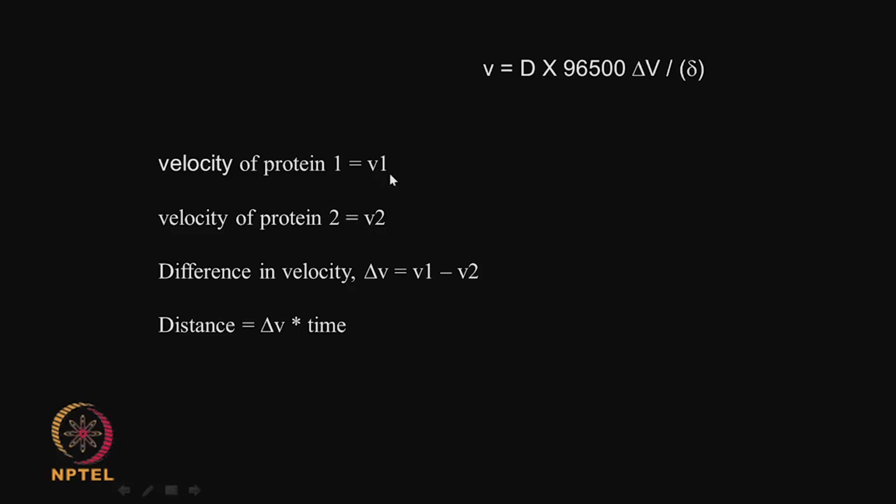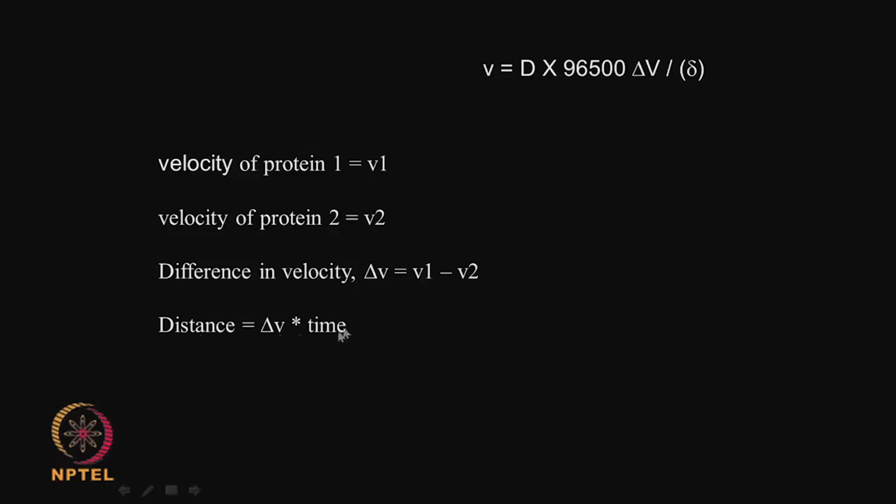The velocity of protein 1 will be V1, calculated based on the charge on the protein as well as the diffusion coefficient of protein 1. The velocity of protein 2 will be V2, again depending upon the diffusion coefficient, which is inversely a function of the size, and also the charge. The difference in velocity will be delta V, V1 minus V2.